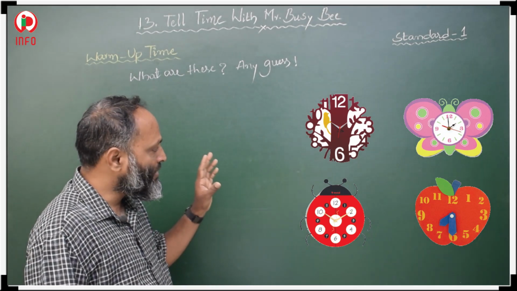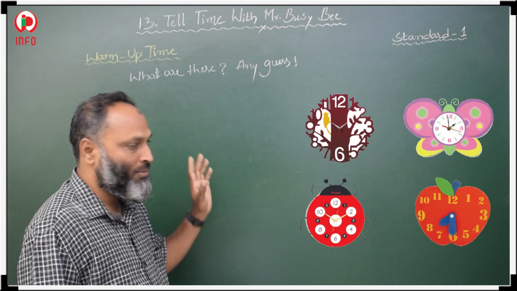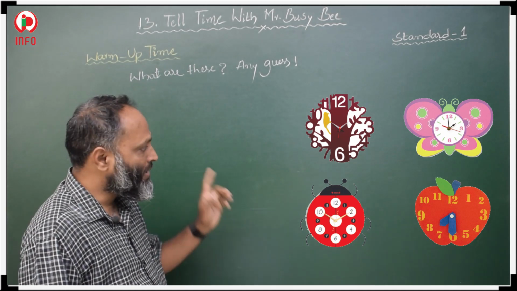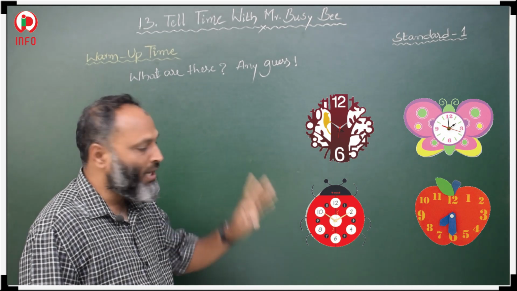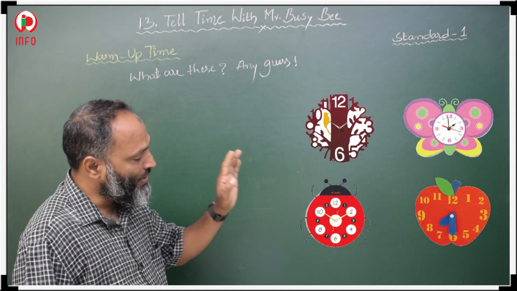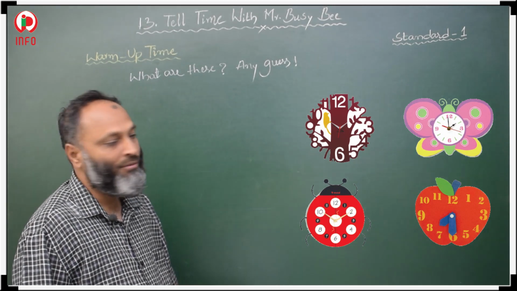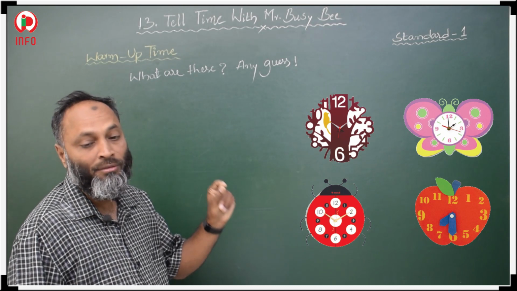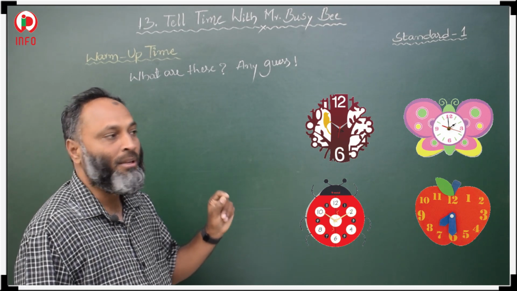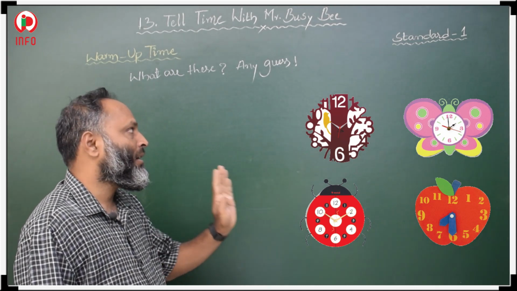The first wall clock is in the shape of a tree. The second is in the shape of a butterfly. The third is in the shape of a bee. The fourth is in the shape of an apple. These four pictures are clocks.